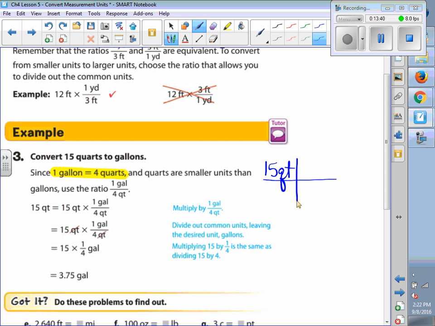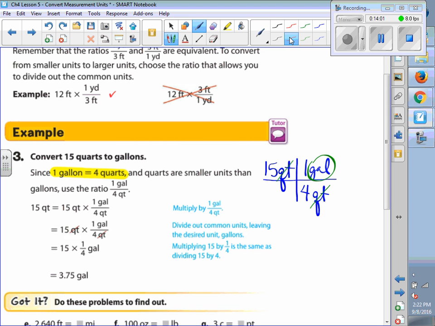So here, quarts will go in the denominator. So that's going to be 4 quarts down below, and that's equal to 1 gallon in the numerator. So you can see that quarts and quarts will cancel, and all I'm left with is gallons.